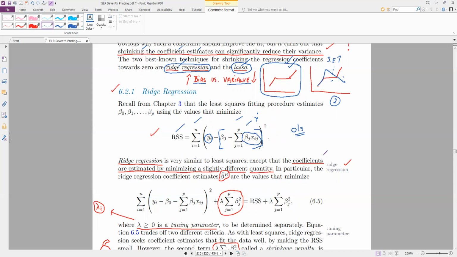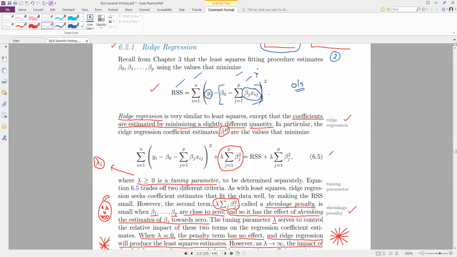Well, ridge regression is similar, except we're going to estimate the coefficients a little bit differently so that they minimize a slightly different quantity. So what's the quantity that we want to minimize in ridge regression? If you look at it, 6.5 here looks a lot like this up here. It looks a lot the same. But there's a difference, and the difference is this thing right here. This is a penalty.